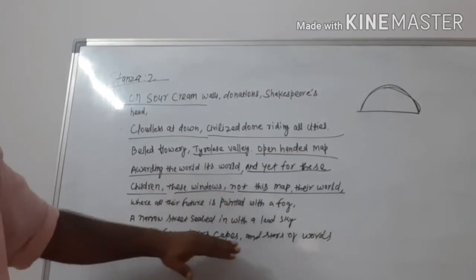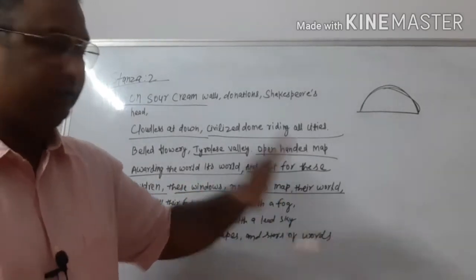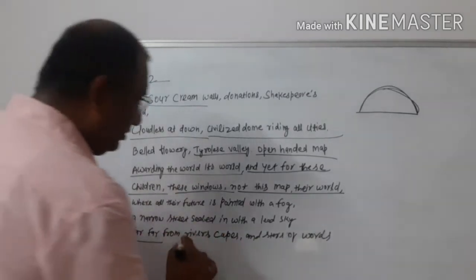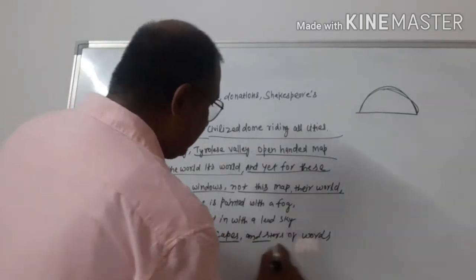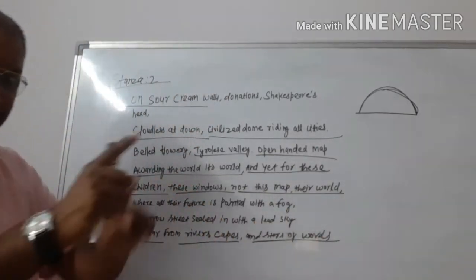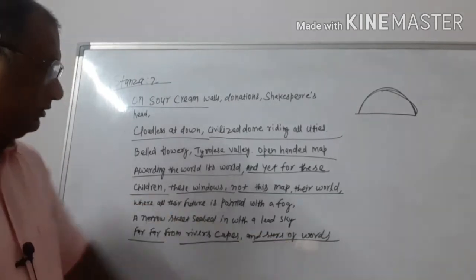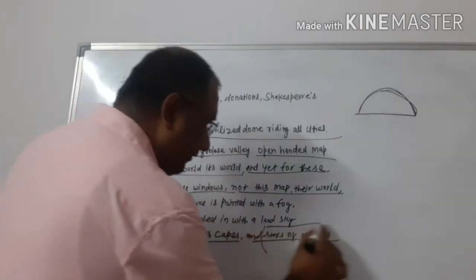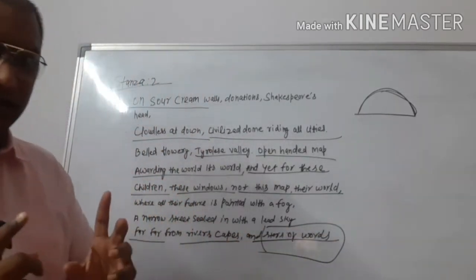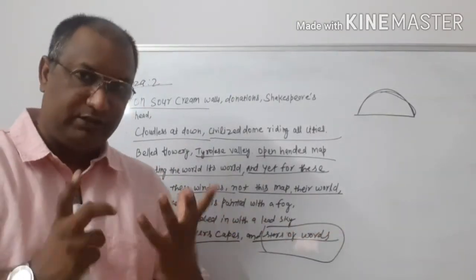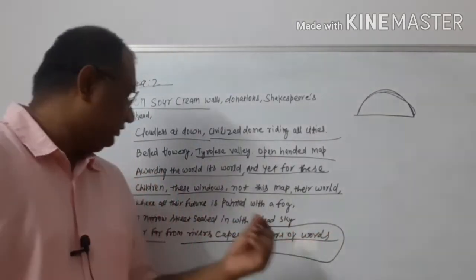Far from rivers, capes and stars of words. So again a metaphorical term here. So these rivers, capes and stars of words. So their slum is far from what? The radiance of knowledge. Stars are symbolic of radiance, light, brightness, and words, of knowledge.